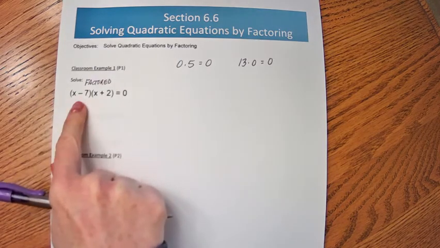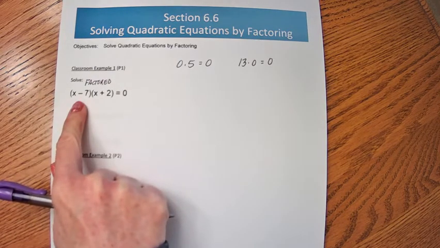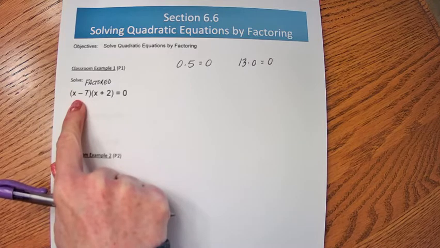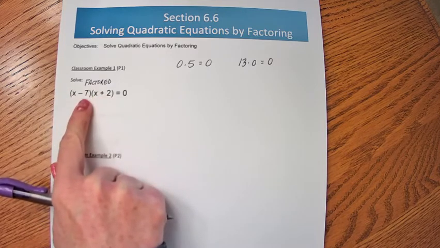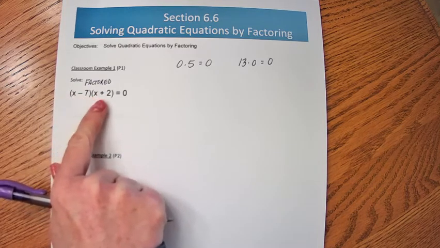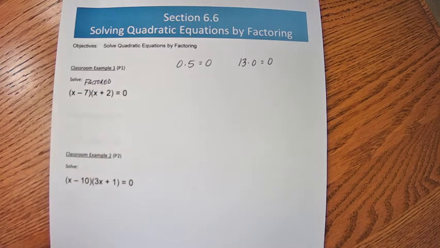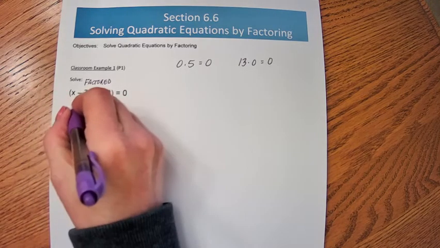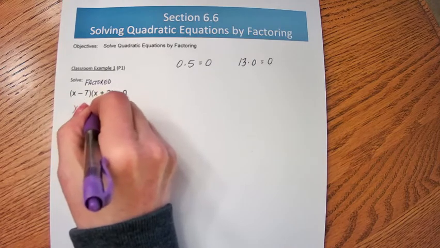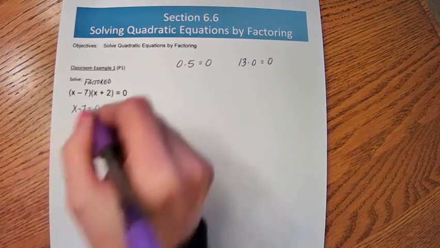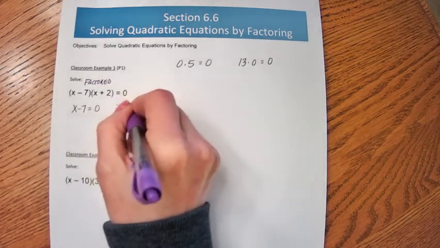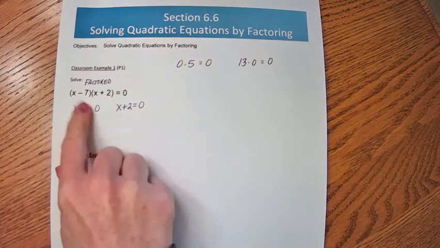Factored meaning I have a multiplication problem. X minus 7 times x plus 2. This is factored. So if this times this equals 0, I'm ready to break this into two problems. Either the first factor equals 0 or the second factor equals 0.